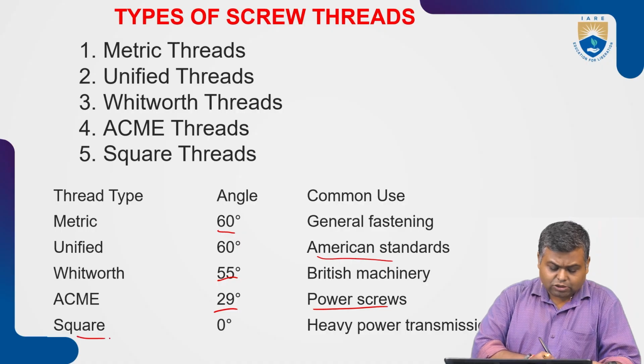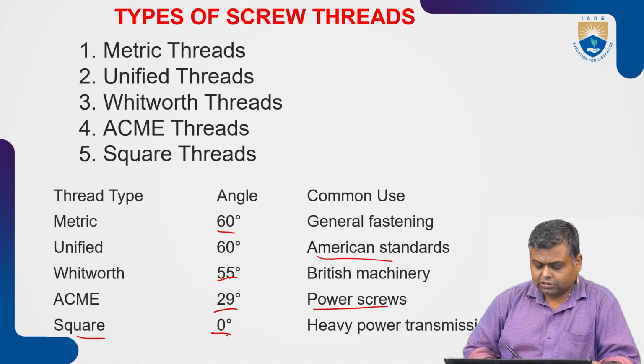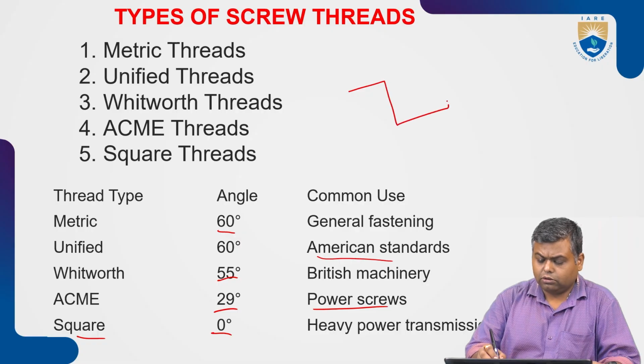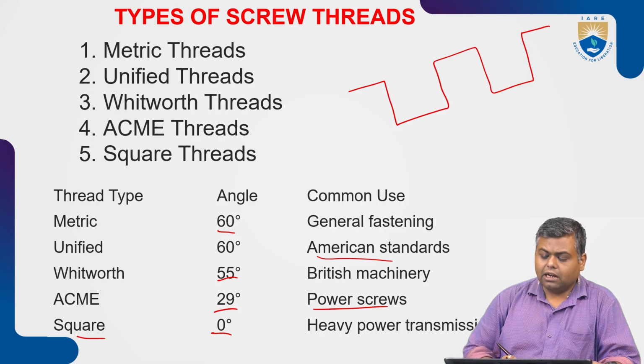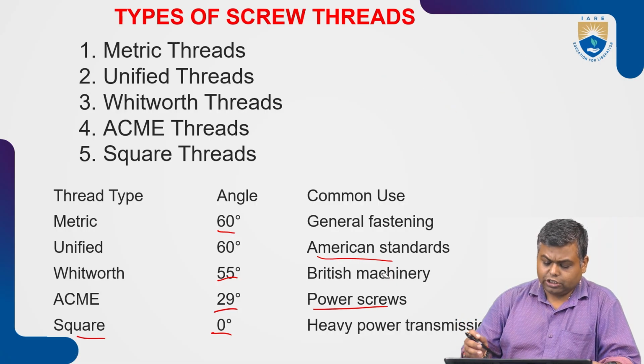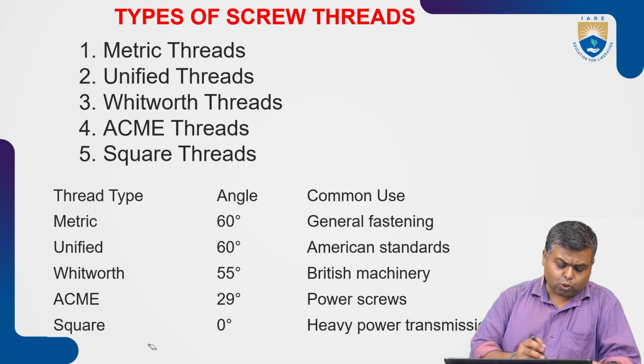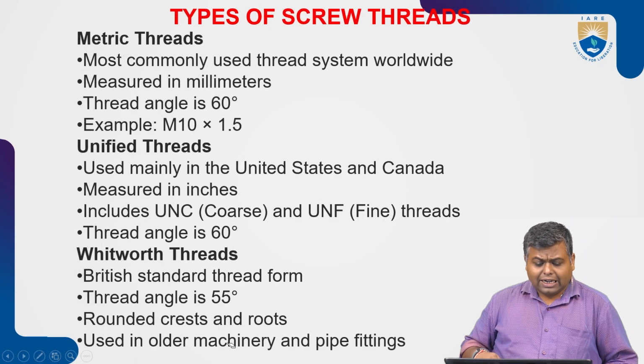Lastly, the square thread has 0 degrees and is used for heavy power transmission. Square threads will be in this format, and thereby the angle between the flanks will be 0.